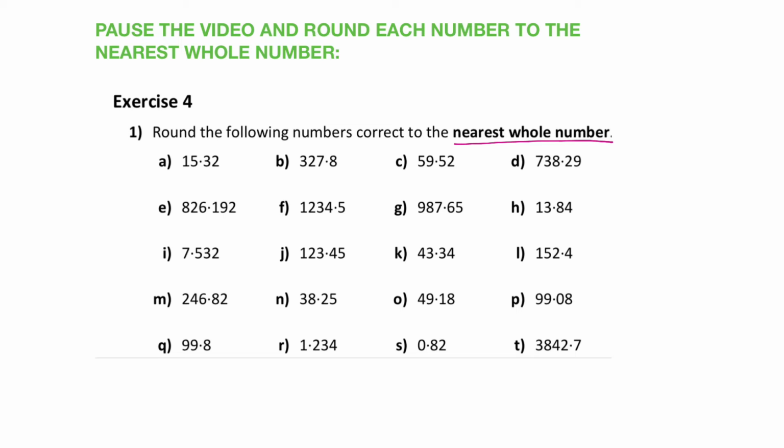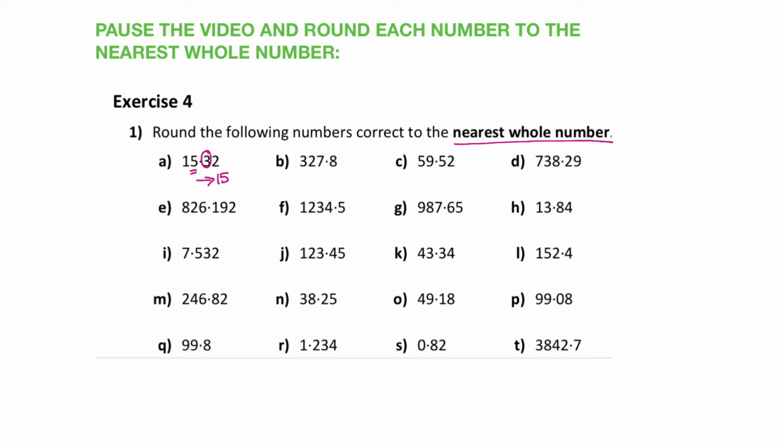We underline our units digit. We circle the one that follows it. The 3 tells you to leave the 5 as it is. So the answer to this one is 15. Remember that 15.32 is in between 15 and 16, but it's closer to 15. So 15 is our answer.